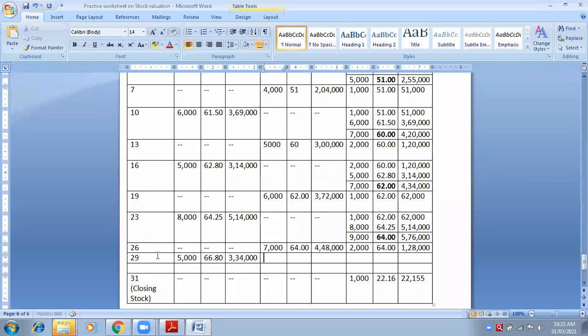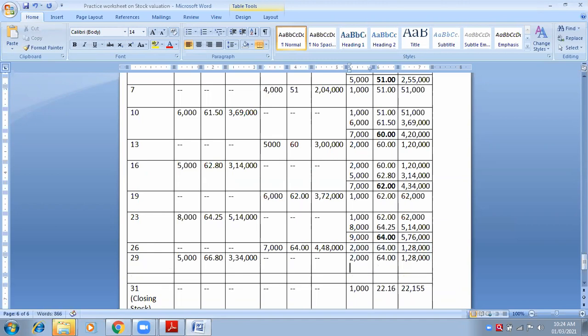Now in the issue column it will be nil, and in the balance column we will bring down this 2,000 at 64 and 1,28,000, the same. After that, we will add 5,000 at 66.80, and the amount is 3,34,000.